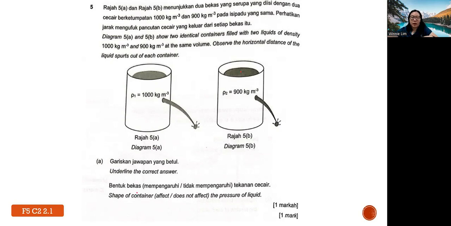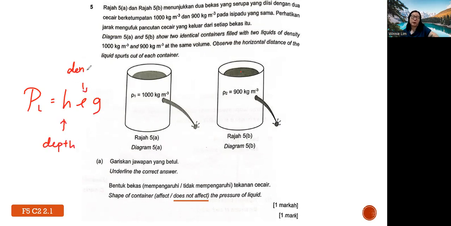Does the shape of the container affect or not affect the pressure of the liquid? The shape of the container generally does not affect the pressure in the liquid. So what is the formula for pressure in liquid? Pressure in liquid is h rho g, where h is the depth, rho is the density of the liquid, and g is acceleration due to gravity or gravitational field strength. So these are the three quantities that affect liquid pressure.